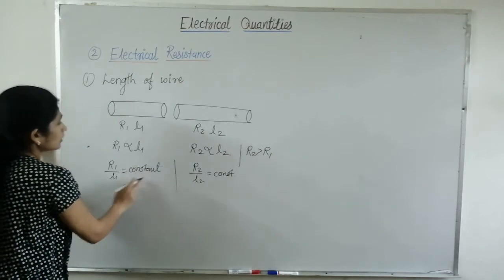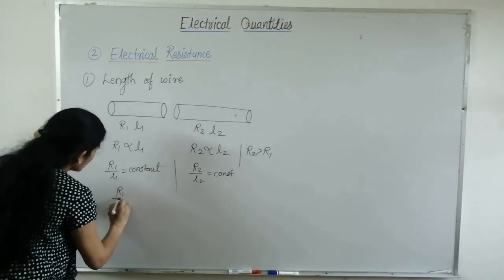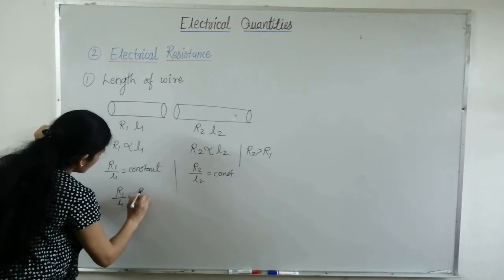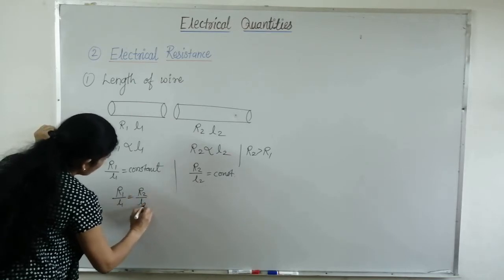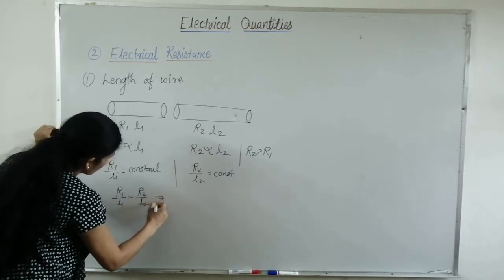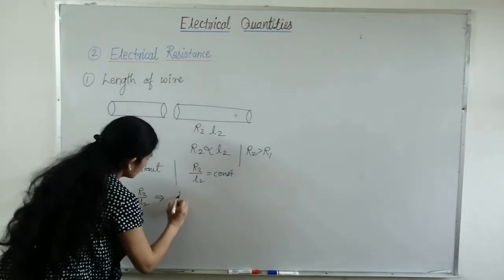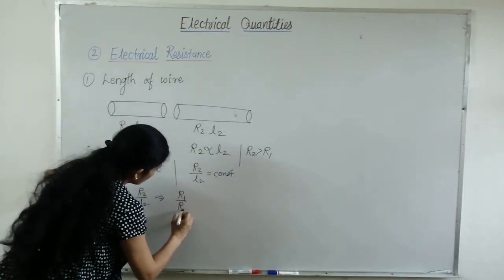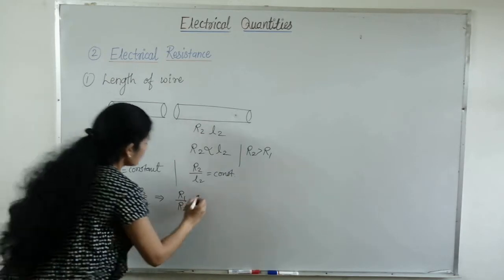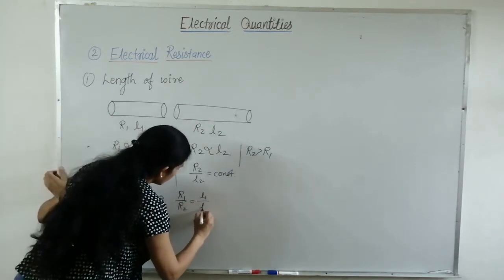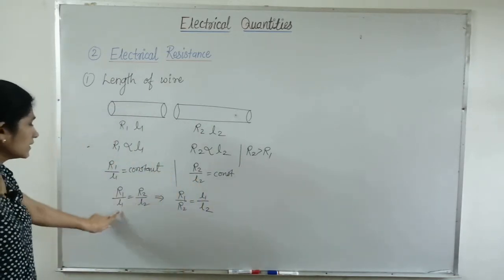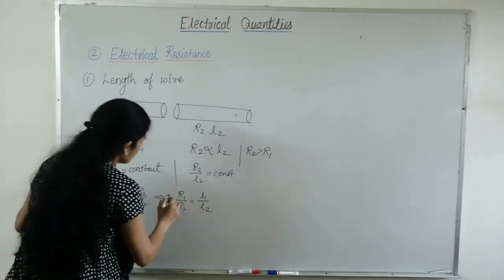If you combine these two terms, you will get R1 by L1 is equal to R2 by L2. This implies R1 by R2 is equal to L1 by L2. Cross multiply, okay, L1 by L2.